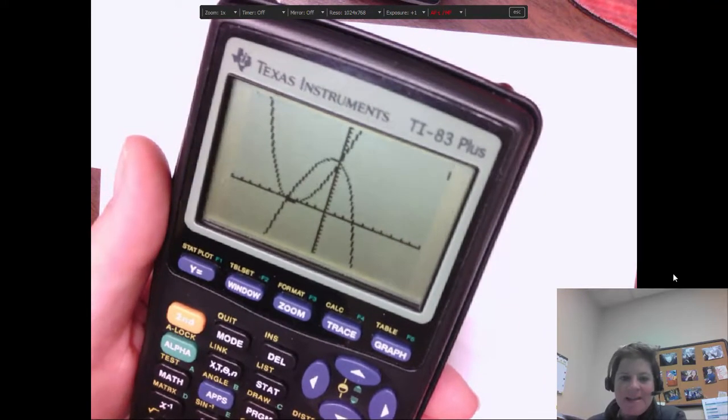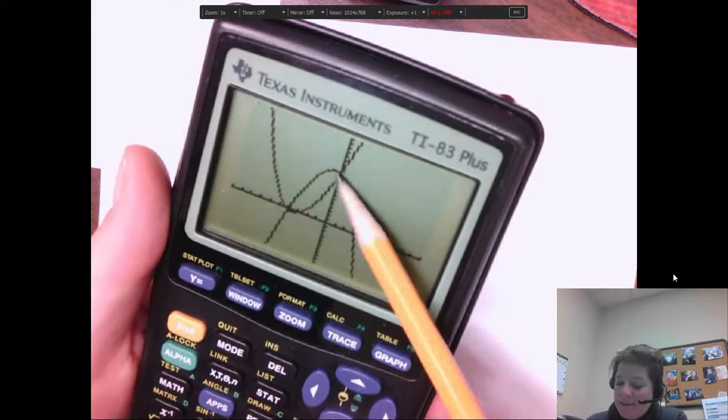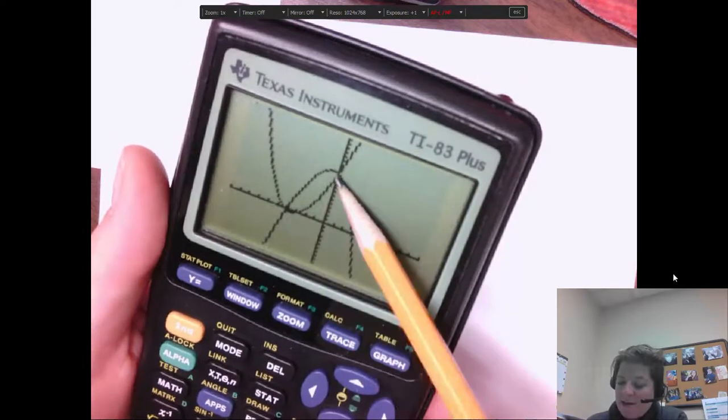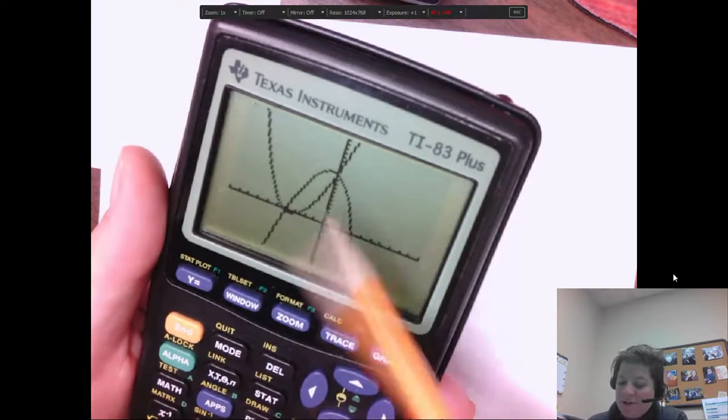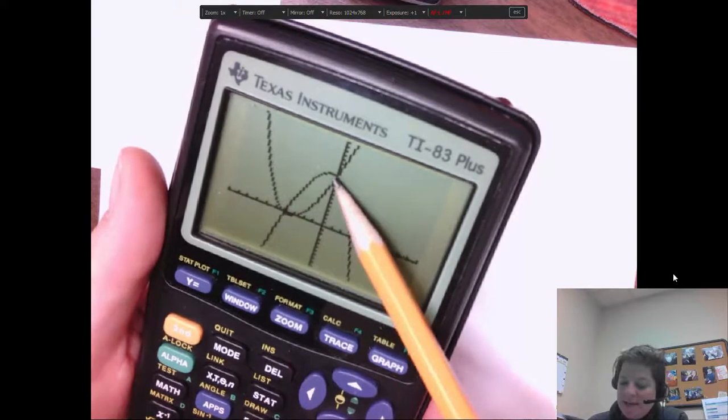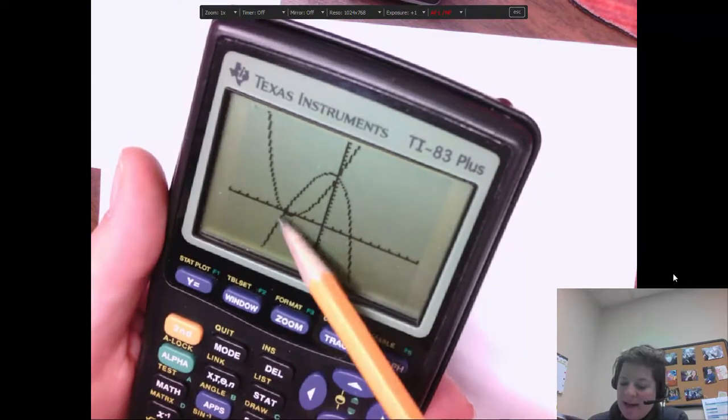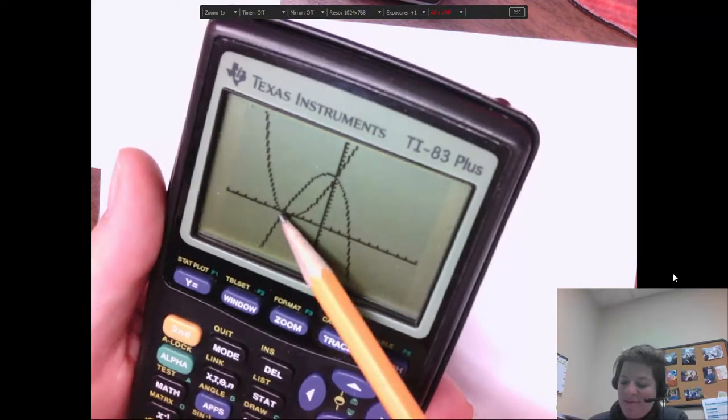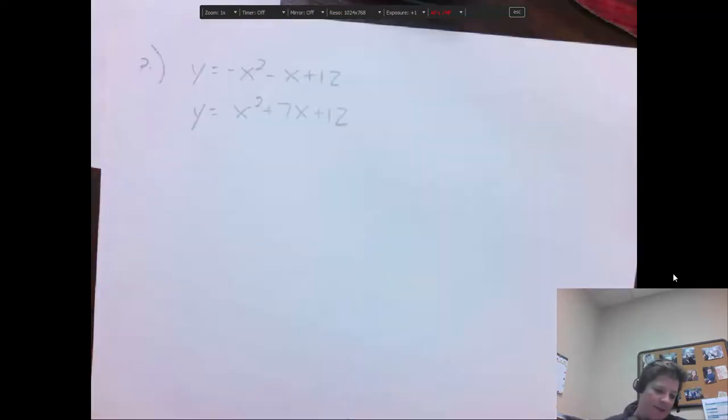And I can see they're both parabolas, but they cross at two different places here, and it looks like maybe 0, 10, and maybe negative 5, 0. So that's what we're kind of looking at there.